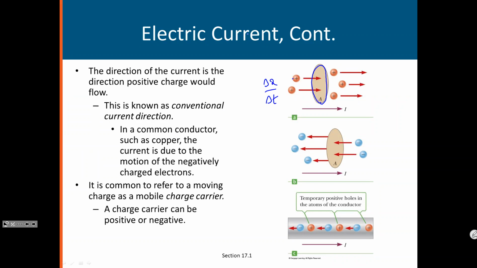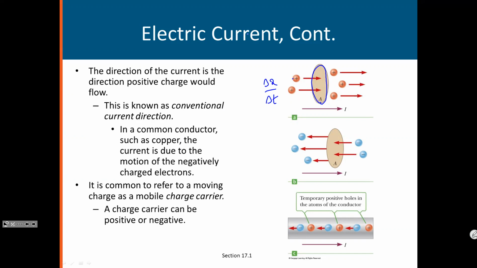The current can be due to positive charges flowing or negative charges flowing. So we have to define the direction of the current. The convention, meaning people agree on a certain standard, is that the direction of the current is the direction positive charges would flow.